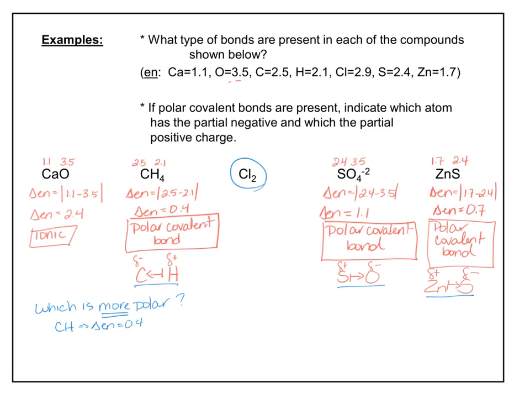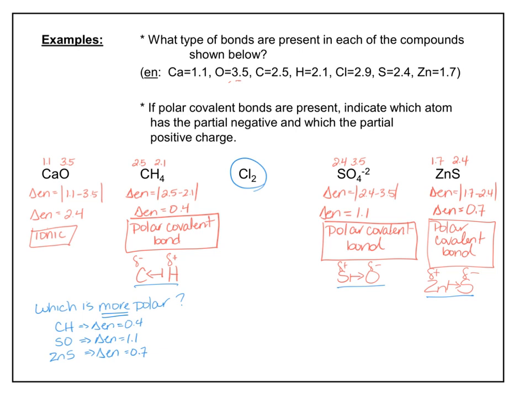We also have the sulfur-oxygen polar covalent bond. Its delta EN value is 1.1, and for the zinc-sulfur bond, the delta EN value is 0.7. So the higher the delta EN value, the more polar that bond is.